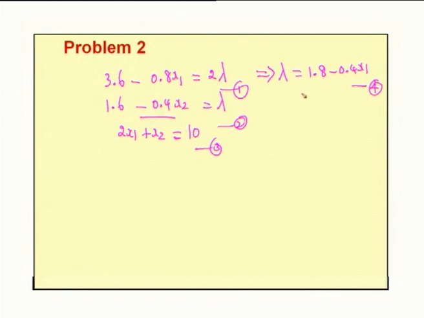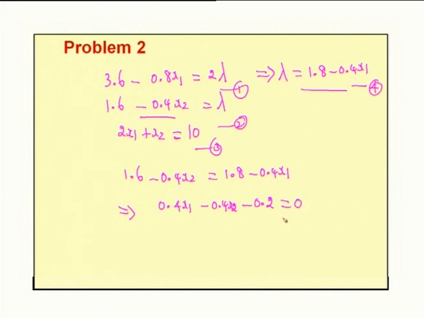From equations 2 and 4 we have 1.6 minus 0.4 x2 equal to 1.8 minus 0.4 x1. Now, by simplifying this equation, we have 0.4 x1 minus 0.4 x2 minus 0.2 equal to 0. We name this equation 5.